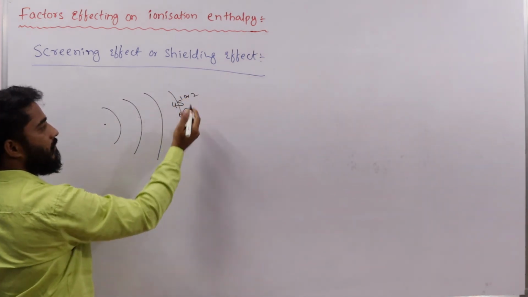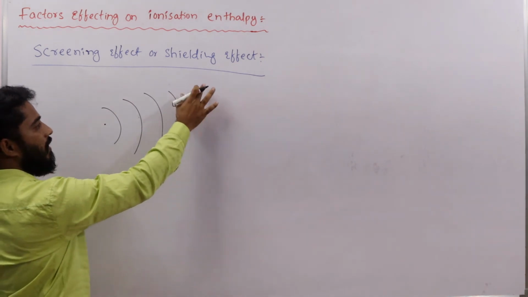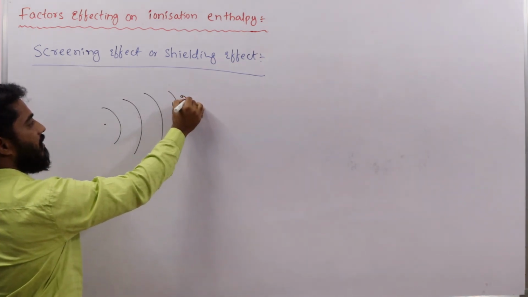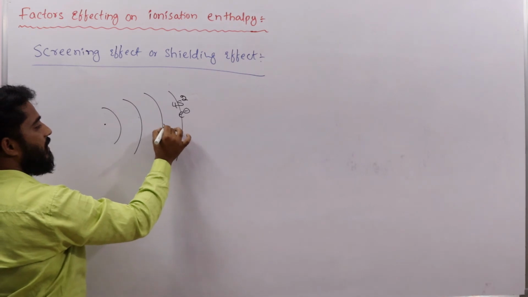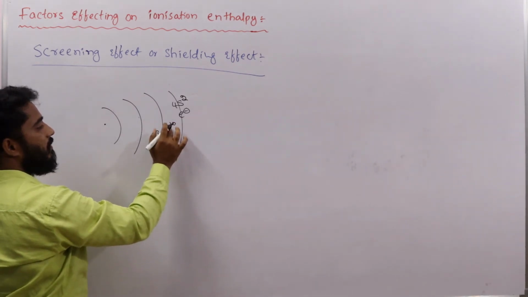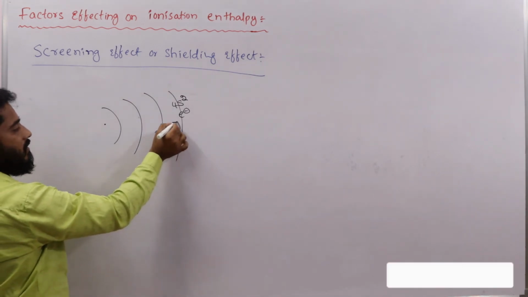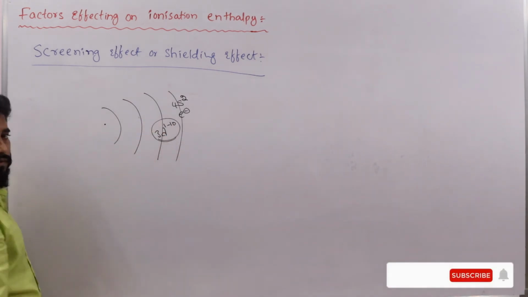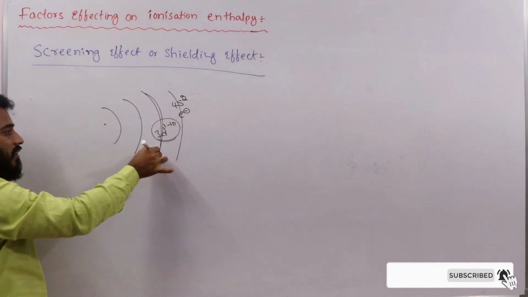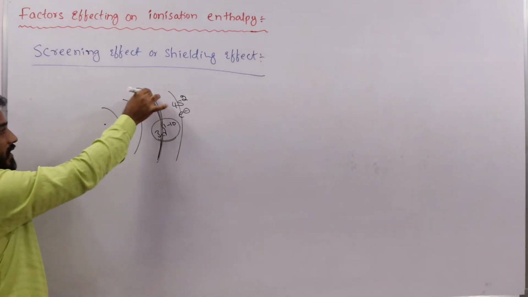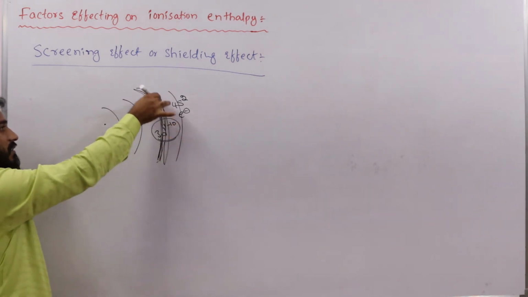Then after filling the 4s orbital, electrons enter into the 3d orbital. In 3d we can fill 10 electrons. In the 3d orbitals, electrons increase, which means inner electrons increase.